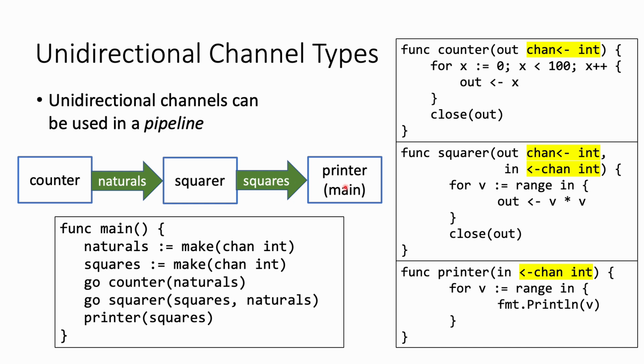The printer goroutine receives the squared values and prints them. In this example, you also see that channels naturals and squares are bidirectional, but they can be passed to arguments that are unidirectional channel type. This allows a channel, such as squares in this case, to be used for both sending and receiving in a pipeline.